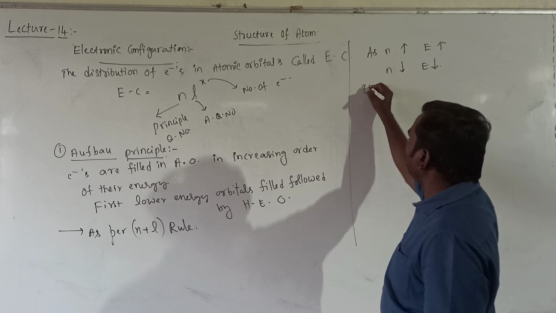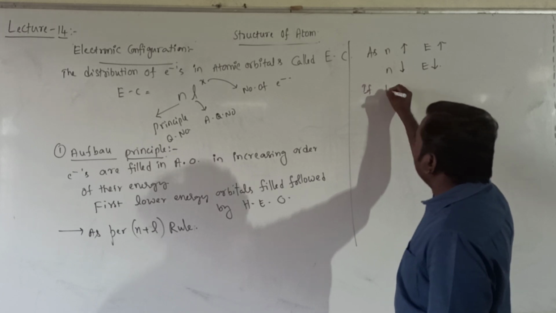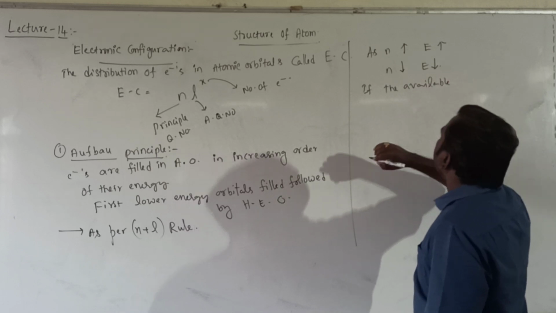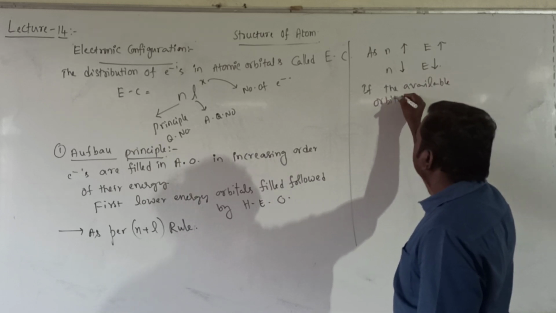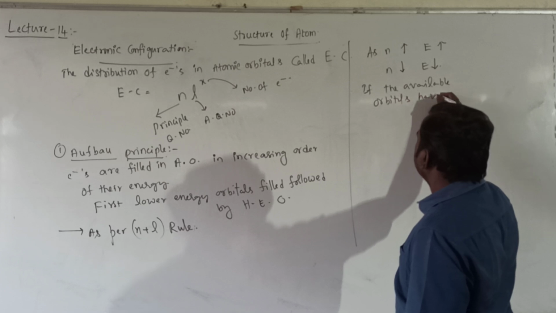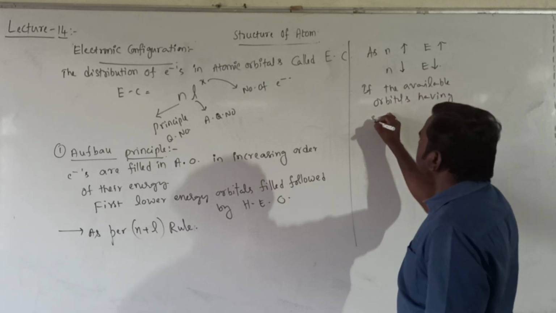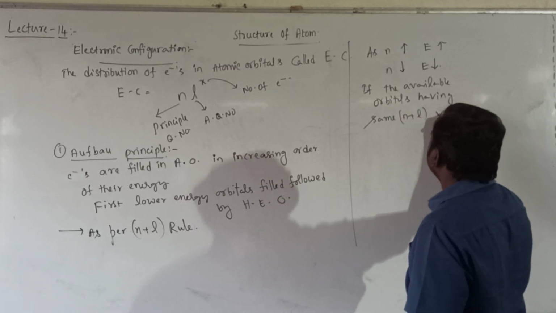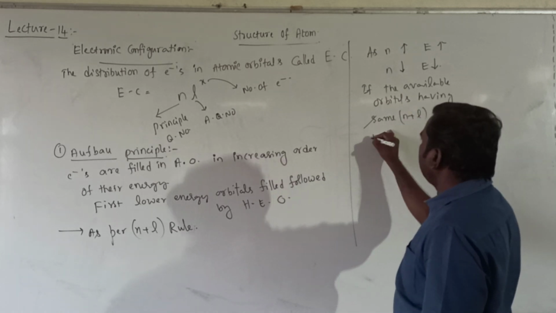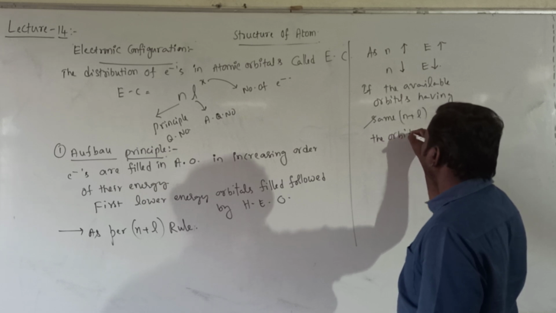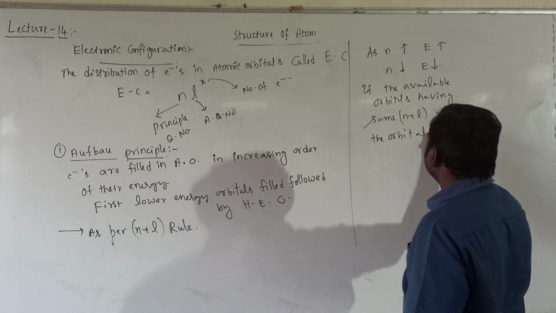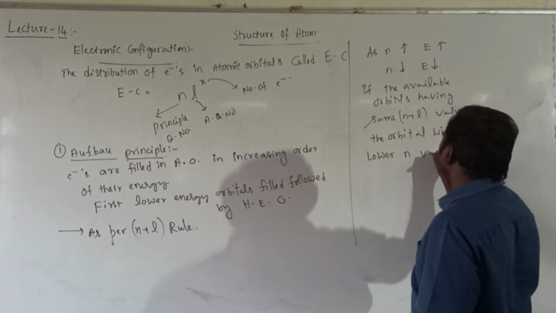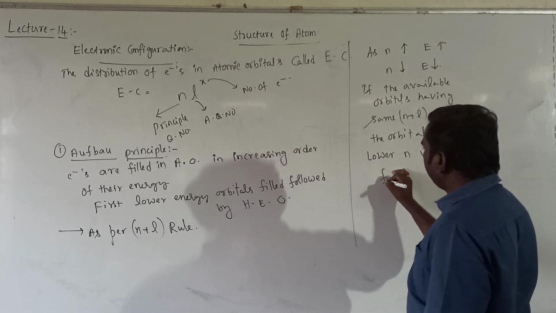If the available orbitals have the same n plus l value, the orbital with lower n value is filled first.